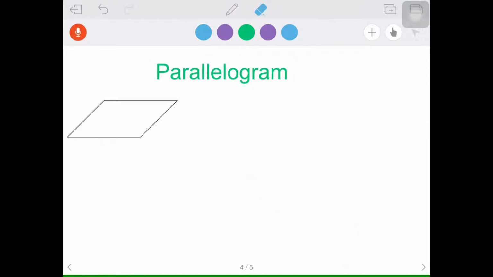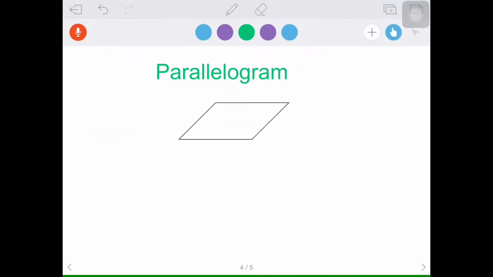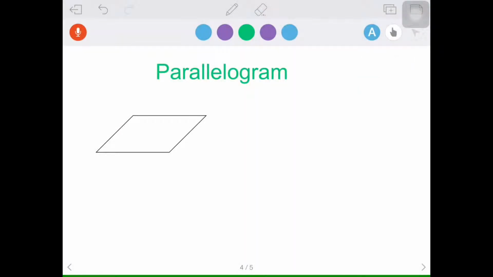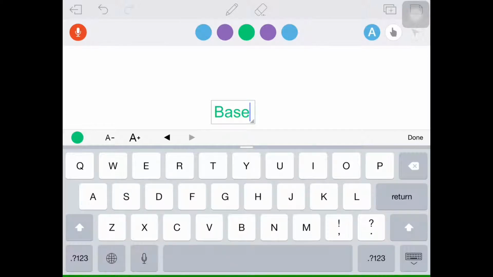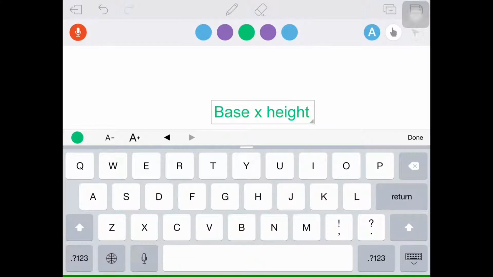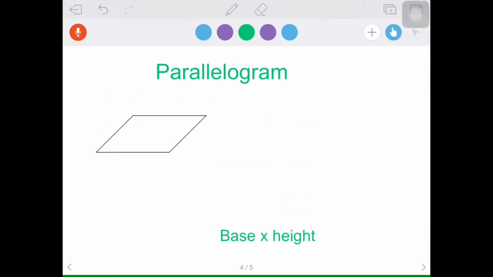Parallelograms. The reason being is that parallelograms are very similar to squares and rectangles, just different words. A parallelogram's formula is base times height. That's it. This is the base.